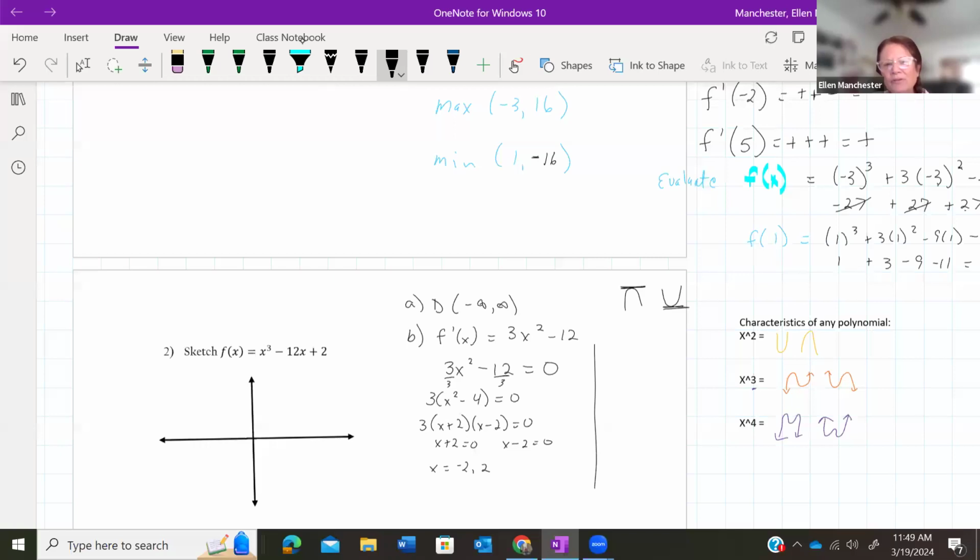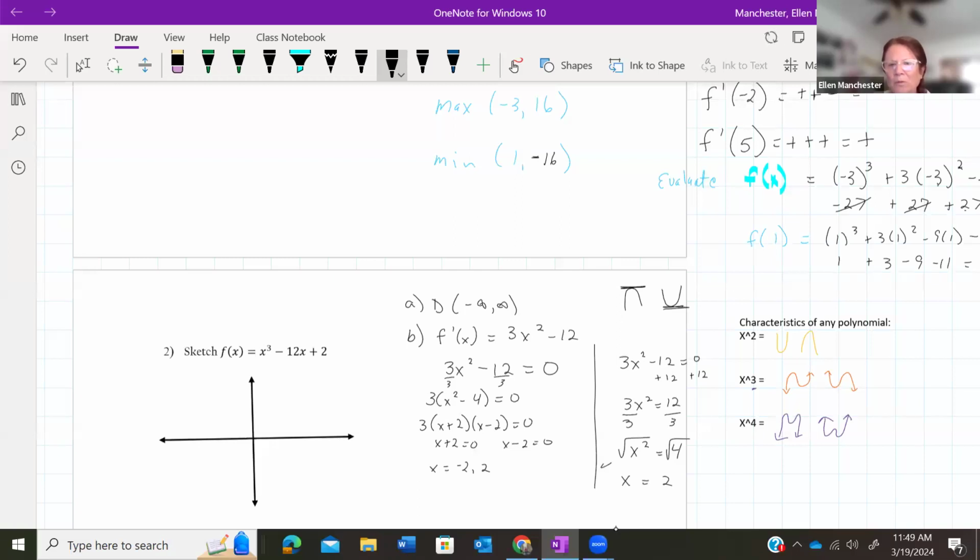Okay, so I prefer the factoring, and here's why. If you do it this way, and this is not incorrect, right? I'm going to add 12 to both sides. So I get 3x squared equals 12, and then I divide both sides by 3. So I get x squared equals 4, and then I square root, and I get x equals 2, because the square root of 4 is 2.